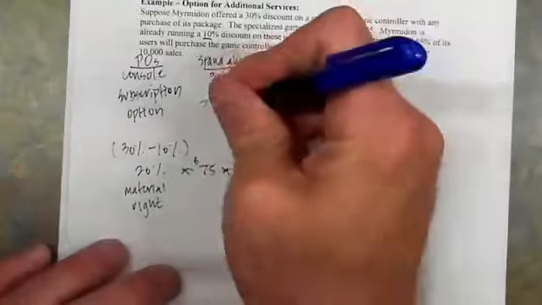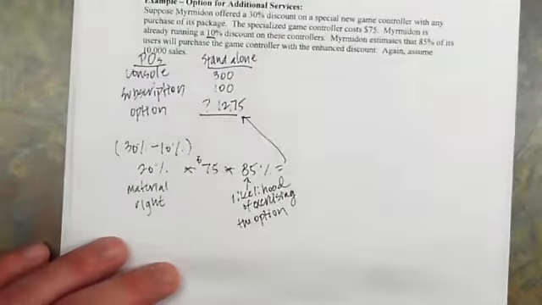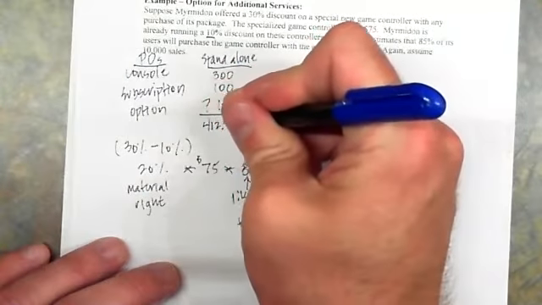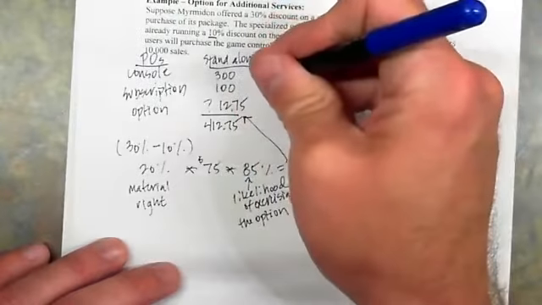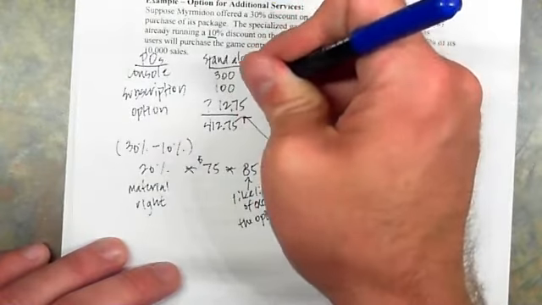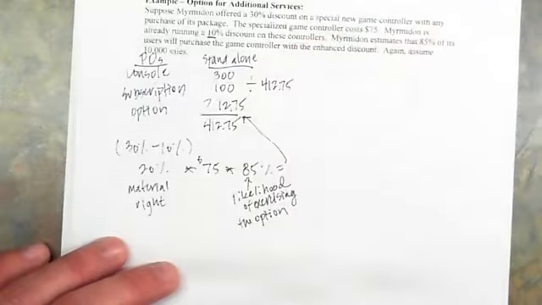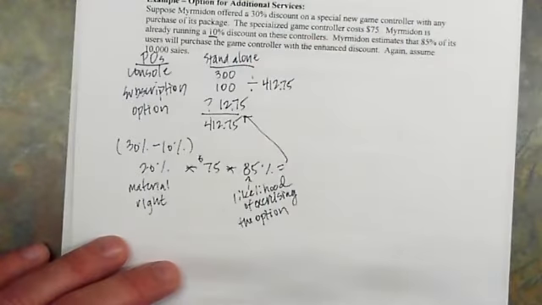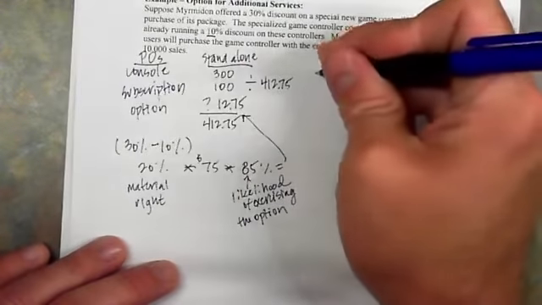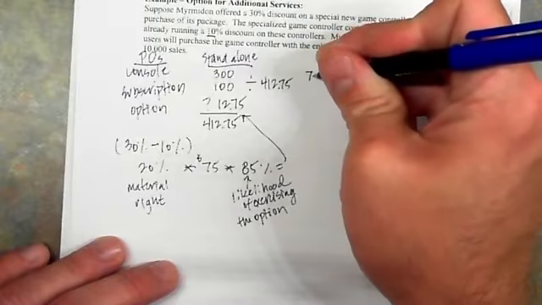Now we have a different total transaction price, $412.75. This becomes the new amount that I divide everything by to get what proportion they make up of the total standalone prices. 300 divided by 412.75 is going to be, and this is where you're going to have to start rounding some.